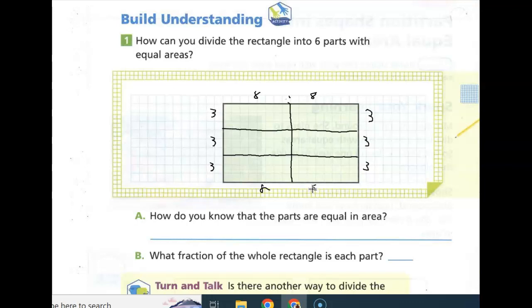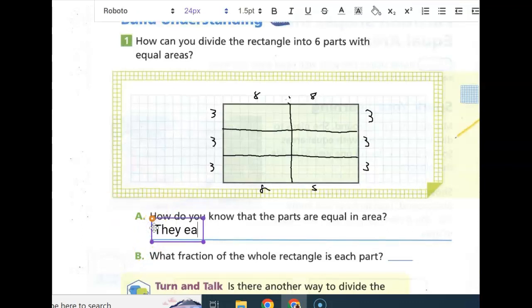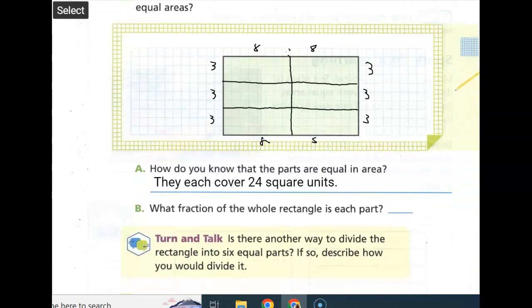What did I just tell you? They each covered what? How many square units? Okay, each cover 24 square units.